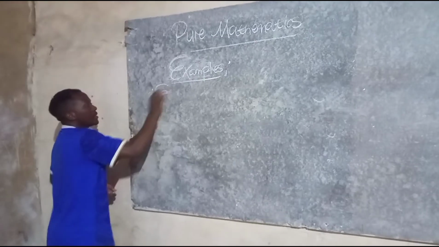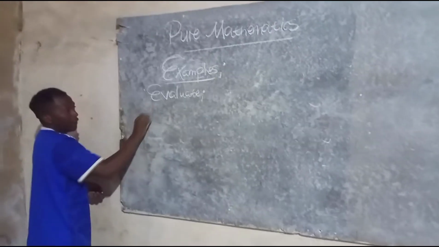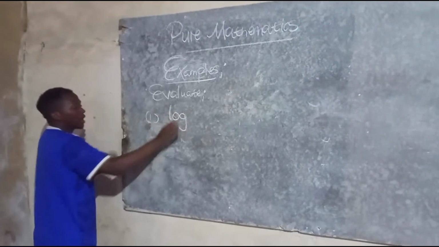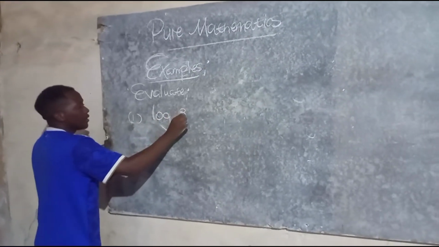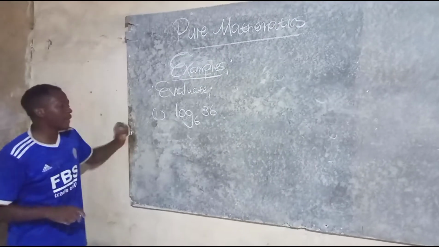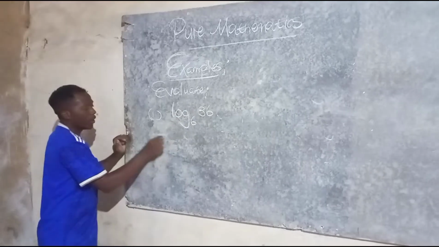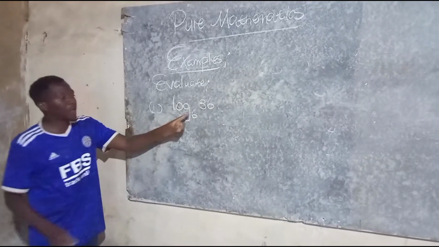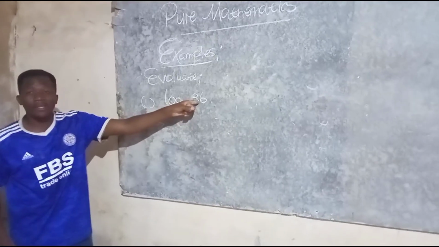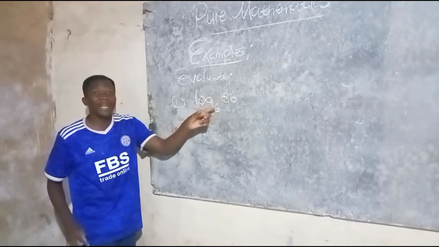Let's say the question says evaluate: log 6 of 36. The first step is to reduce this 36 to a common number, which suitably is 6.